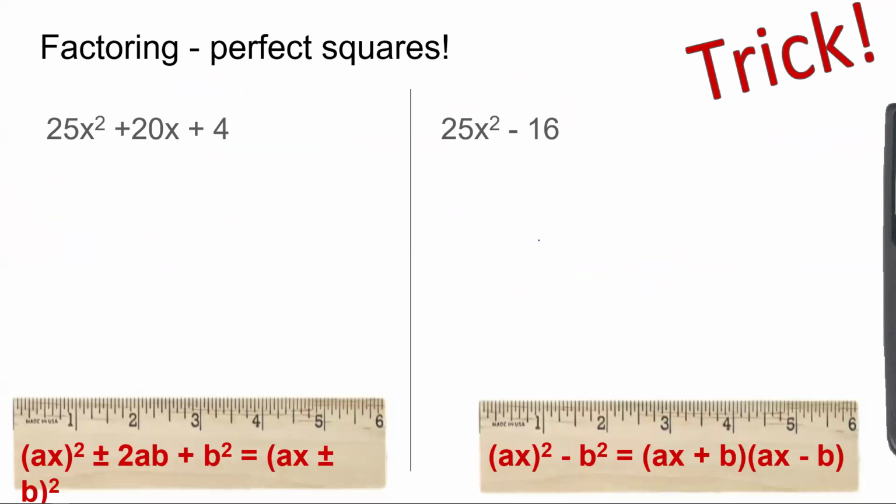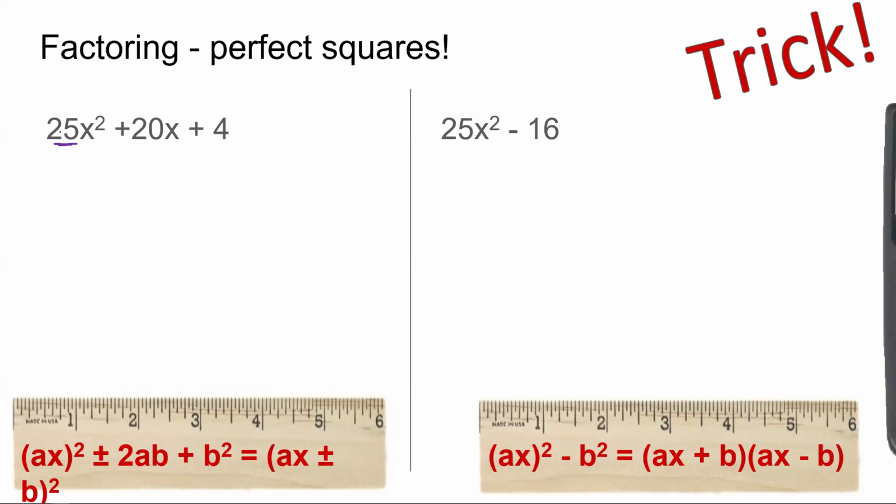Now, some of these have perfect squares in them. So right here, this one has nothing I can pull out of every term. I always look there first, especially if there's numbers and a coefficient out in front. But I can't pull anything out here.